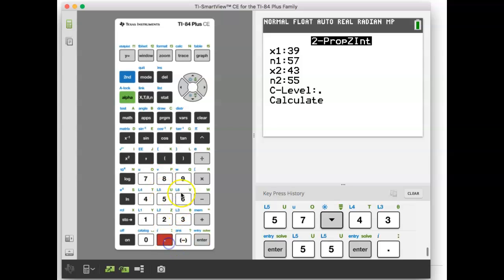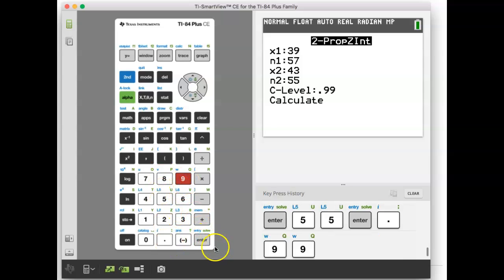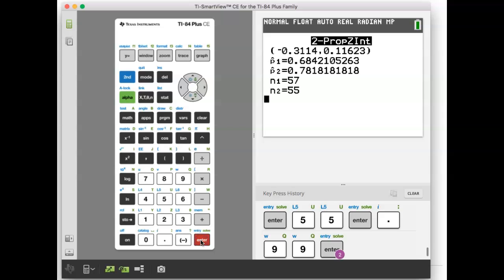Confidence level, we want 99%, so 0.99. And that's it. We'll go ahead and calculate. We get negative 0.3114 to positive 0.116.